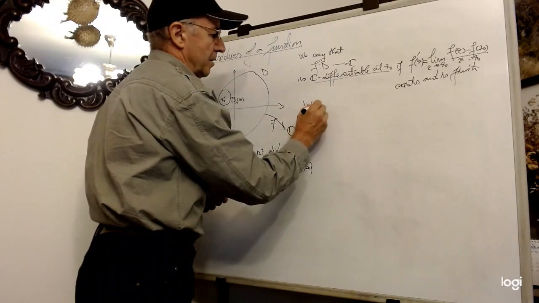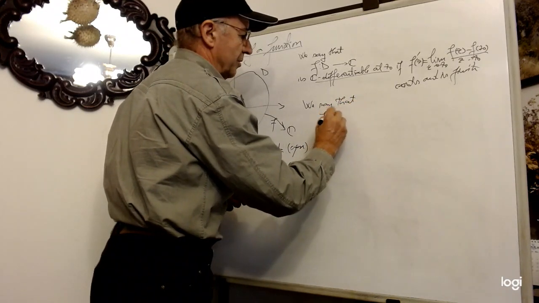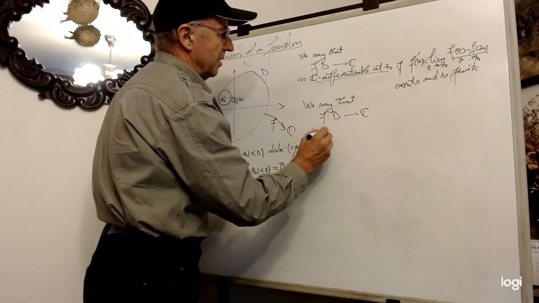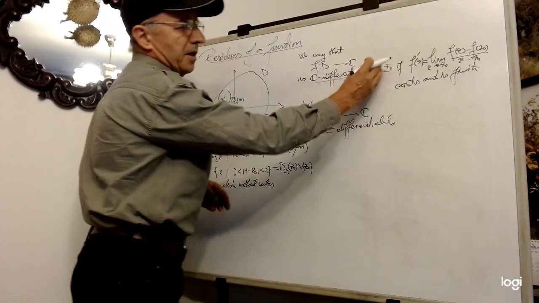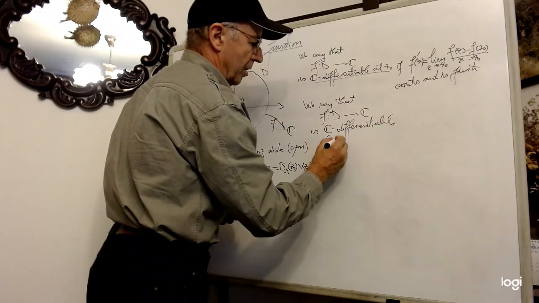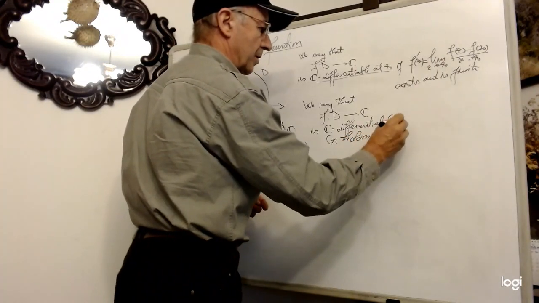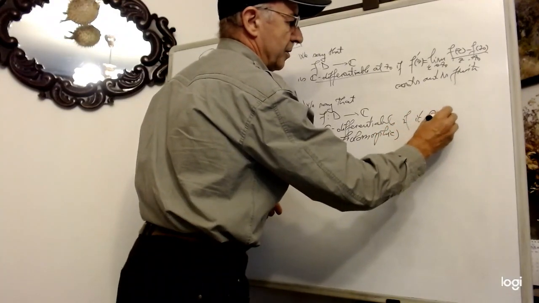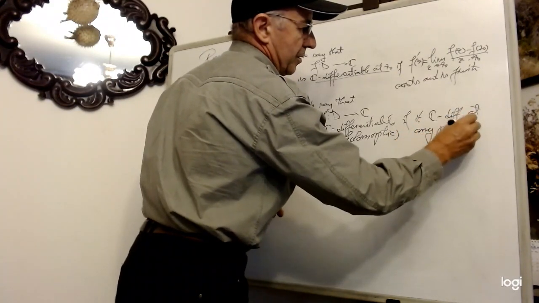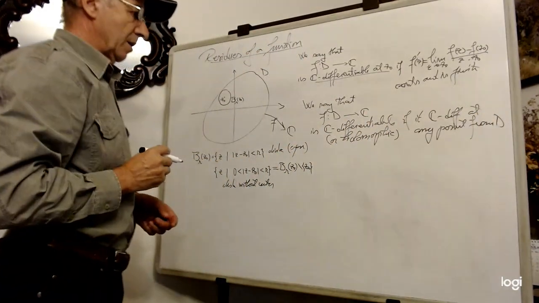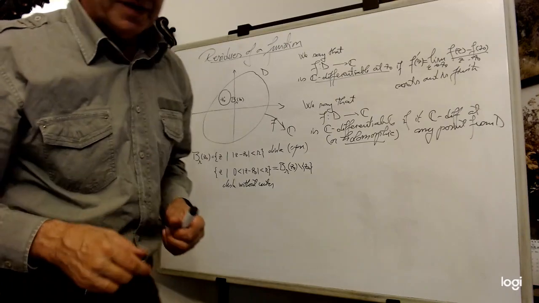We say that our function f from D to C is C differentiable without indicating the point, or also holomorphic, if it is C differentiable at any point from D. Holomorphic or C-differentiable. Let us present two examples.